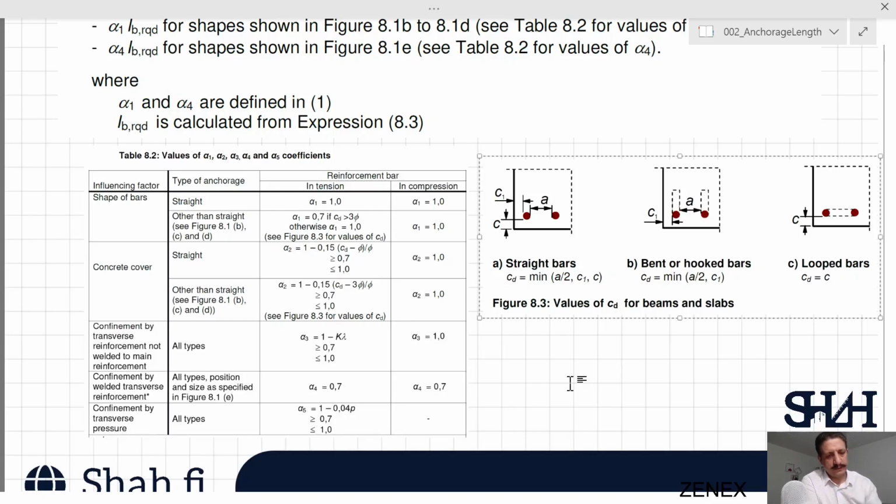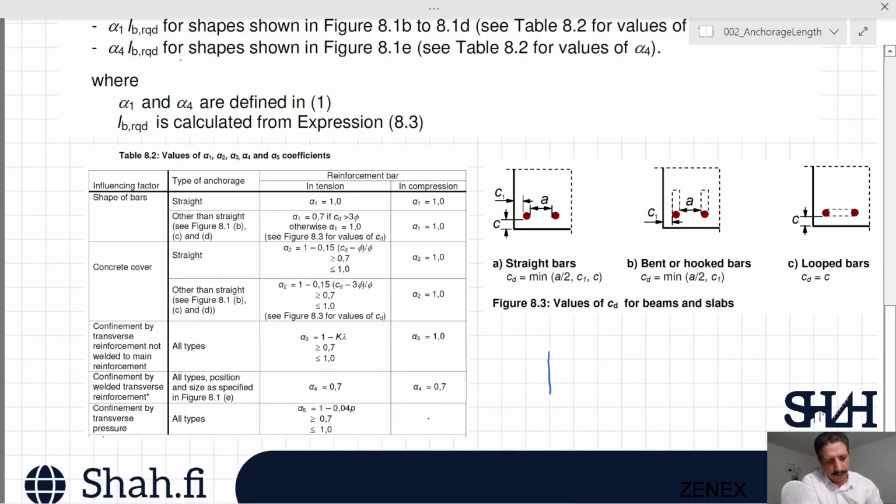The difference, if we want to sketch, if this is the corner of the element that we are talking about for calculation, and assume that this is reinforcement. So these are longitudinal reinforcement inside the element. C is the distance between the edge of concrete to the edge of reinforcement.